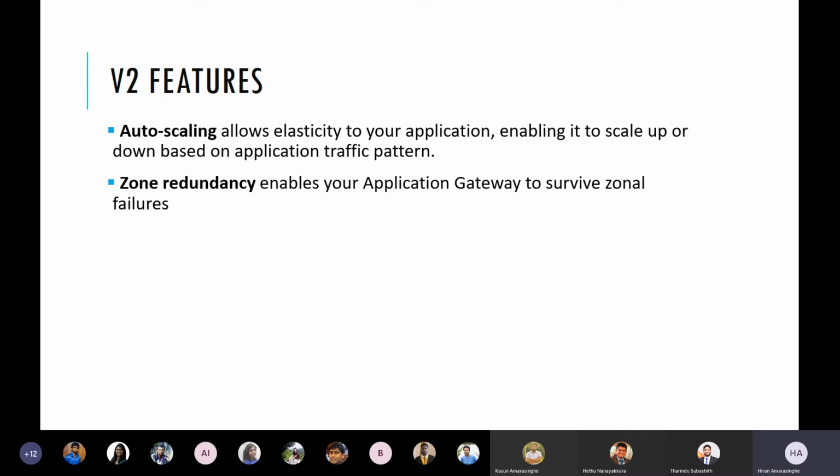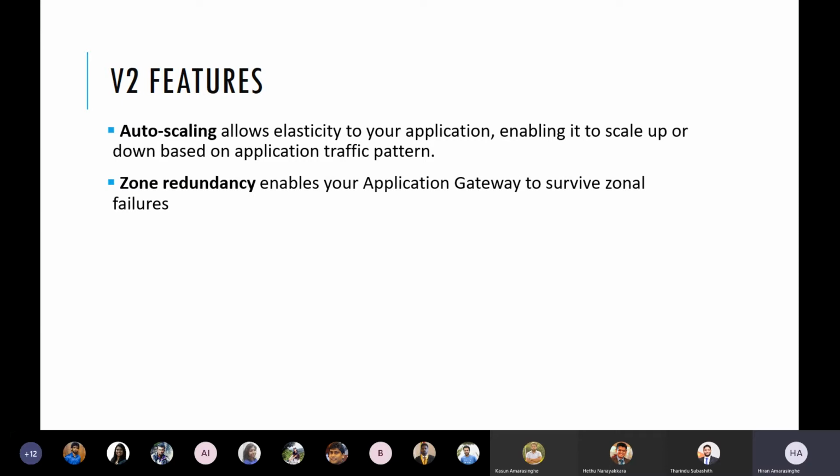In that case, application gateway actually sits in front of your architecture. If it faces the traffic, it needs to handle all the traffic properly. Otherwise, the traffic will not even reach your application. So that's why auto scaling and zone redundancy are important.